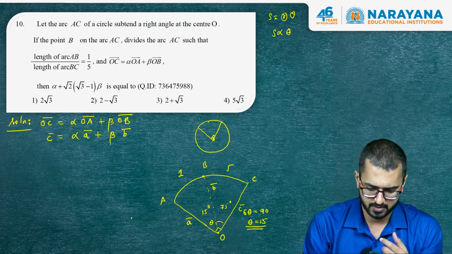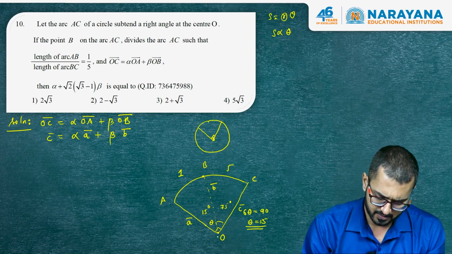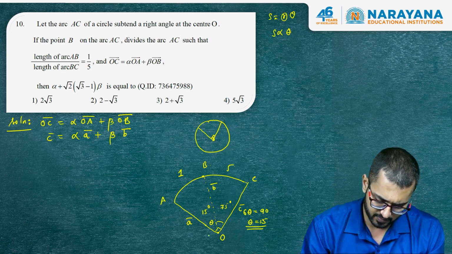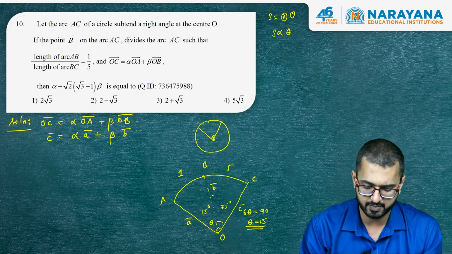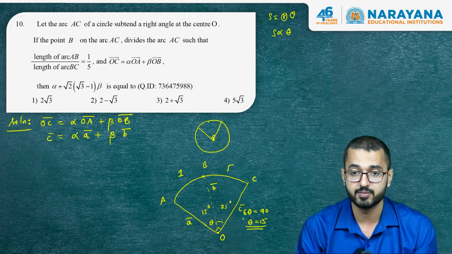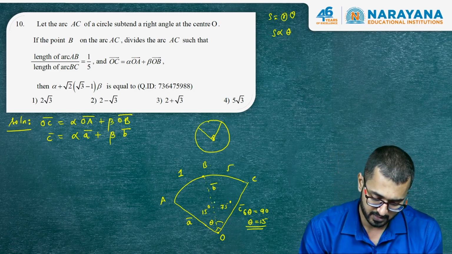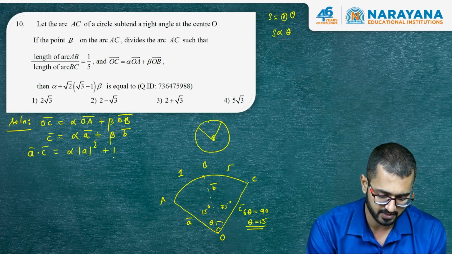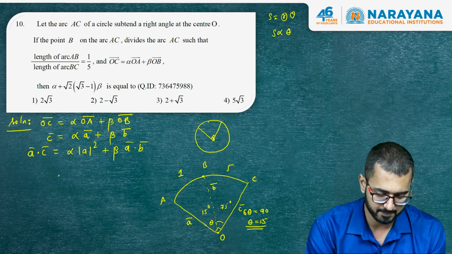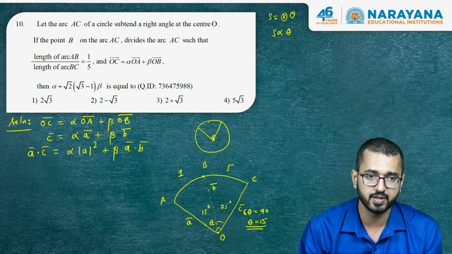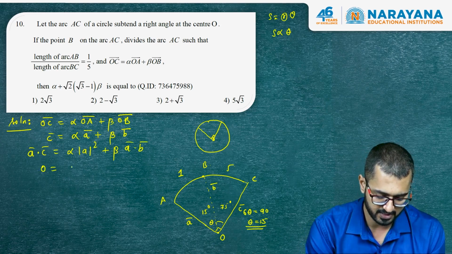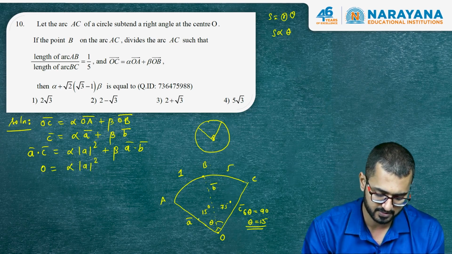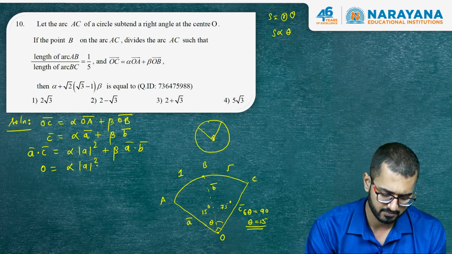We know all the angles, like what angle A bar is making with B bar, with C bar, and also A bar with C bar. So we'll try to take the dot product. I'll have A bar dot C bar equal to alpha times modulus A square plus beta times A bar dot B bar. As A bar and C bar are perpendicular, this becomes 0, and I have here alpha times modulus of A square. We don't know what it is, that's the radius only ultimately, but still.